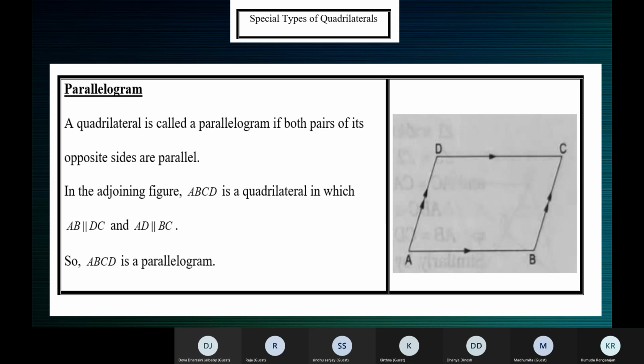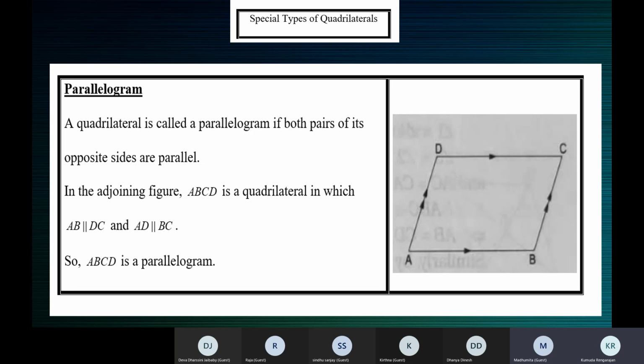And next, then, ma'am, can I say? Yeah, okay, continue. The diagonals are unequal. Diagonals bisect each other. Adjacent angles are supplementary.